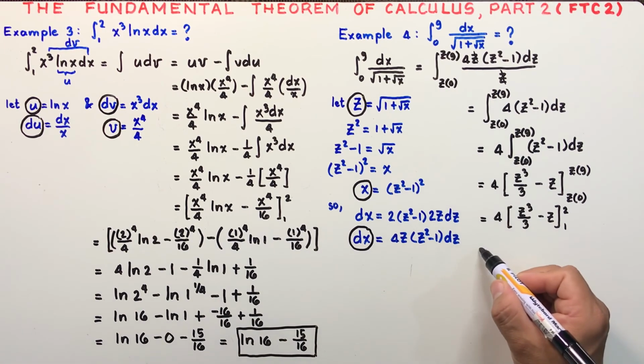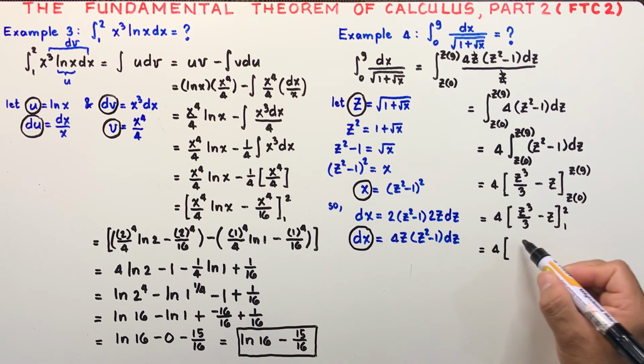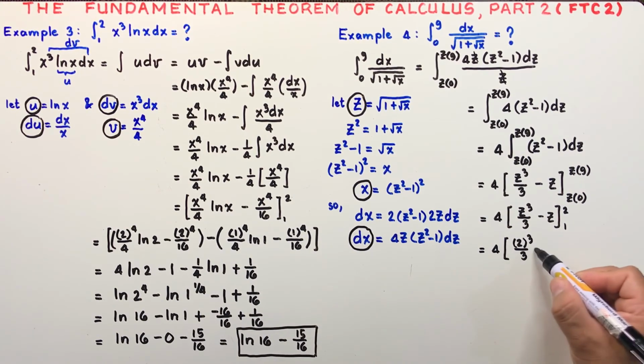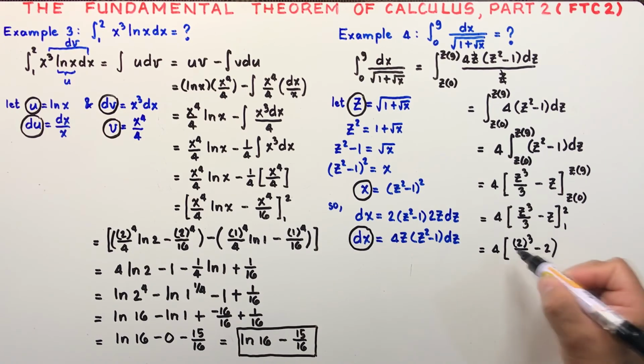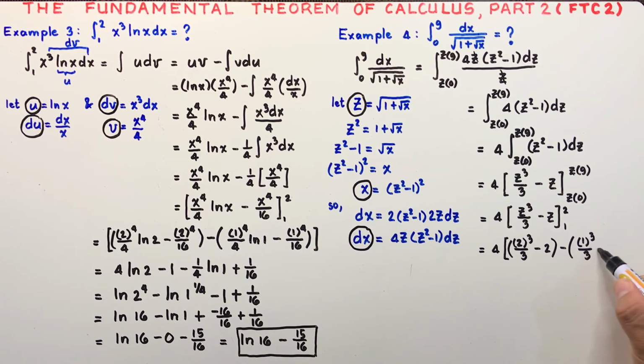Now, substituting our limits of integration, we have 2 cubed over 3 minus 2. And this result will be subtracted by the value at our lower limit, which is 1 cubed over 3 minus 1.